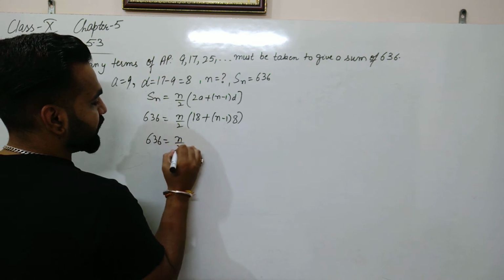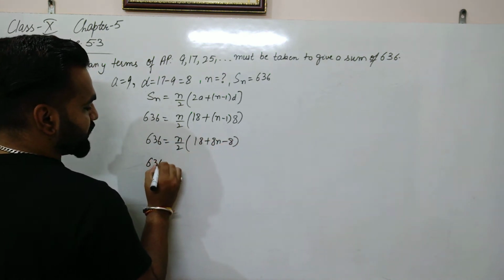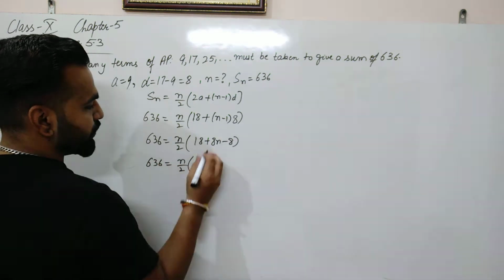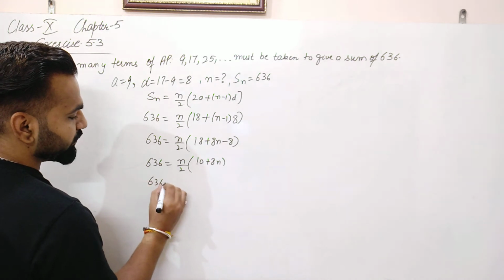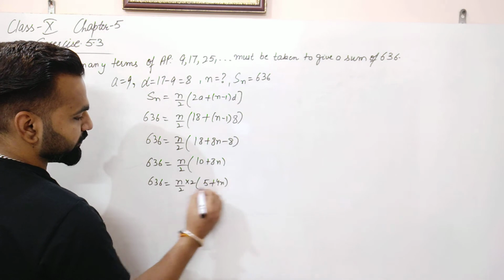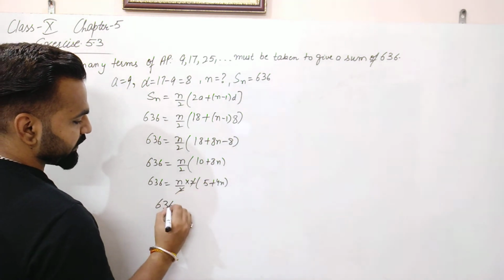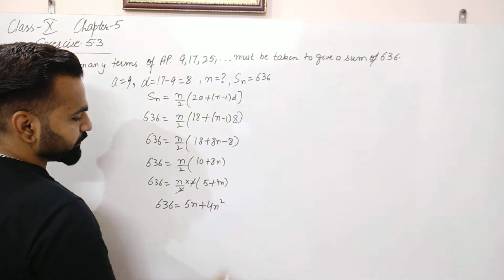This will be converted into 18 plus 8n minus 8. So 336 is equal to n by 2, 10 plus 8n. Taking 2 common, n by 2 into 2 times 5 plus 4n. So 336 is equal to 5n plus 4n square.